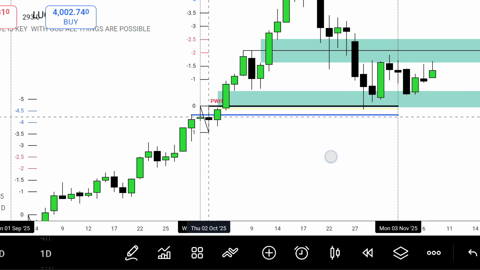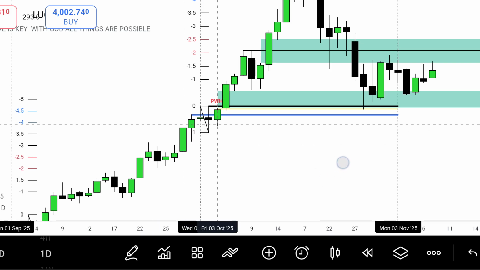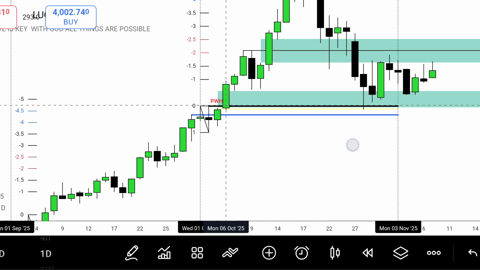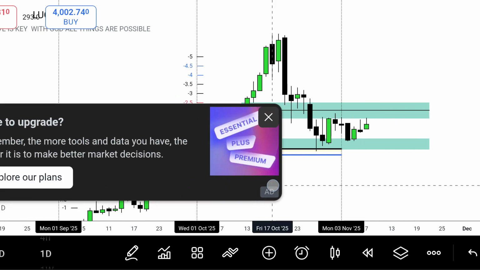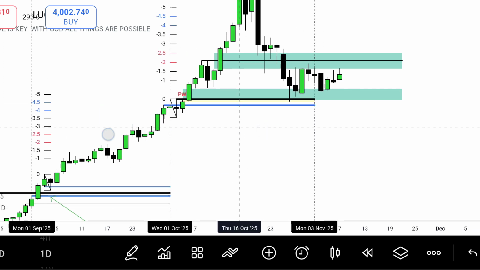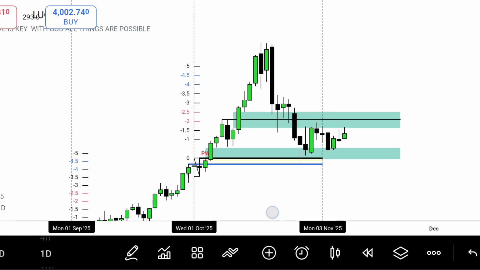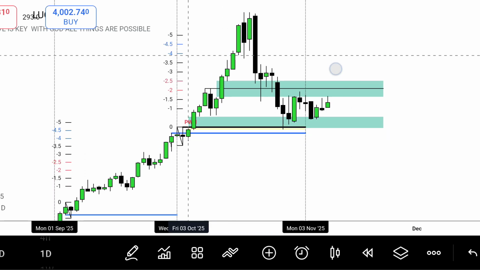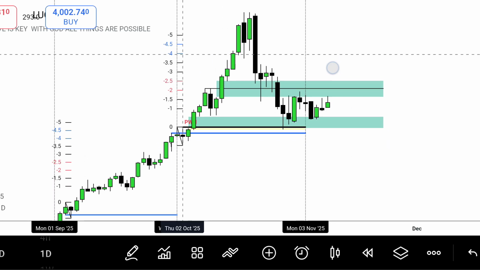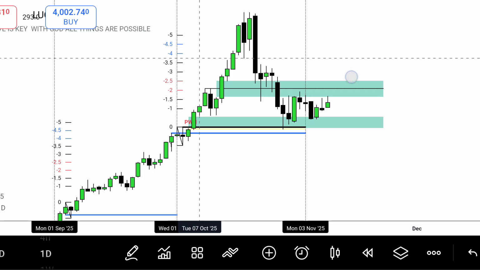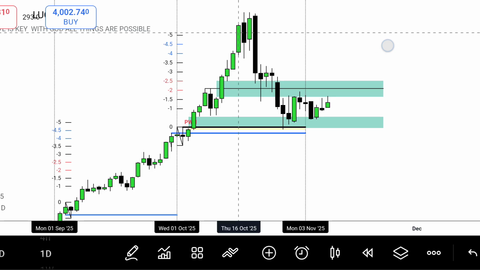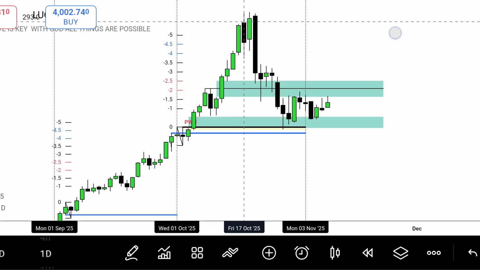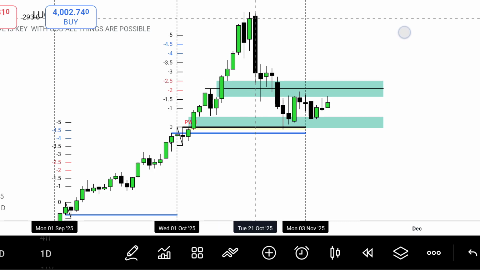Knowing that we have already rejected from the previous month's high and we created a fair value gap to the upside, my eye will be immediately drawn again to the -4.5 level of the standard deviation 2. So price traded into that level, went above it, stopped there for some time, consolidated above it, and dropped.